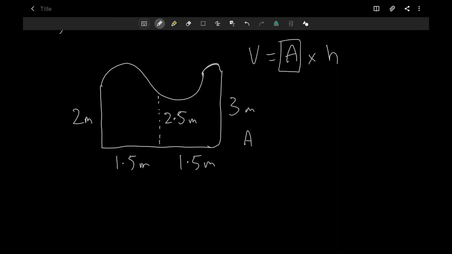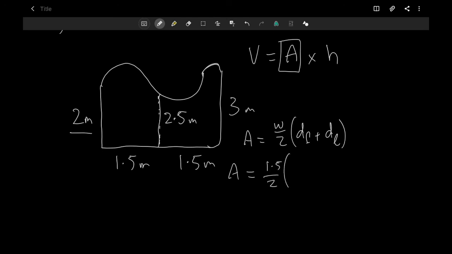So the area is equal to, we'll write down the formula again, W over 2 (dF plus dL). So the area is equal to, let's do the first shape. W is 1.5 over 2. dF is 2 plus dL is 2.5.